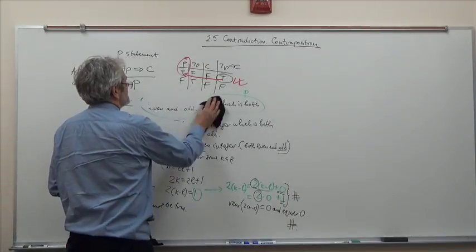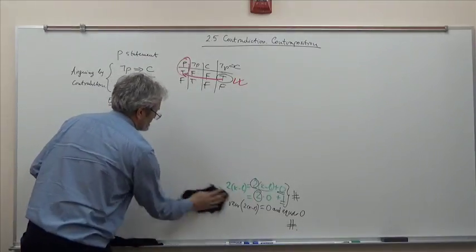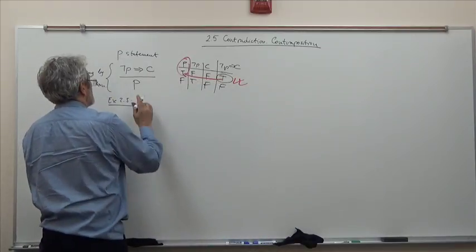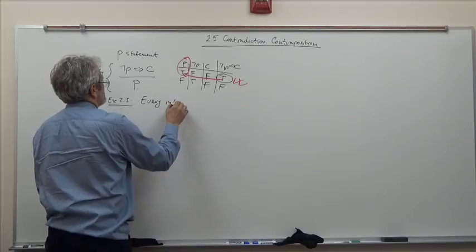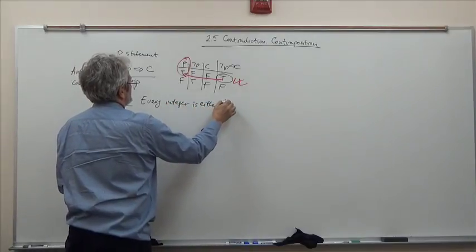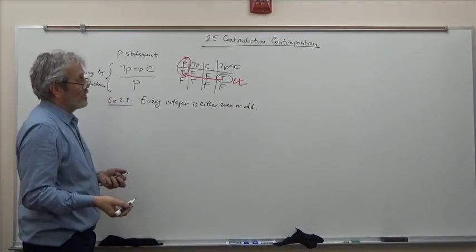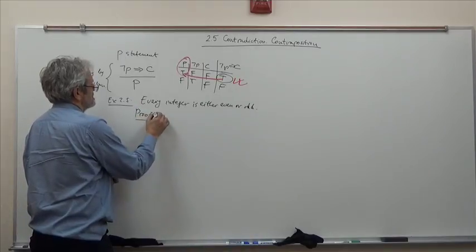Every integer is either even or odd, but from a minute ago we know it cannot be both. The proof is very easy from the quotient remainder theorem.